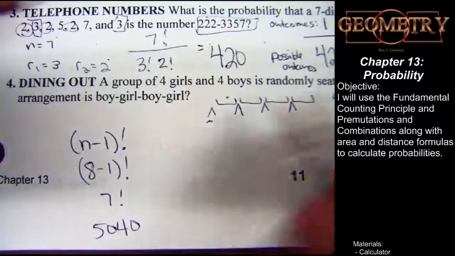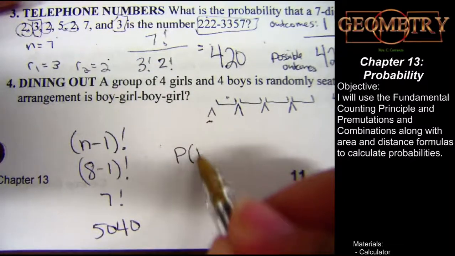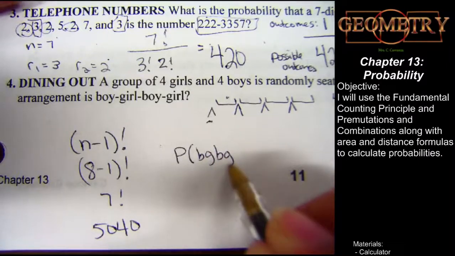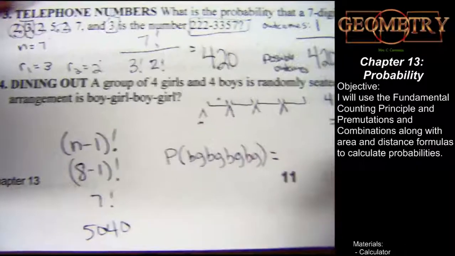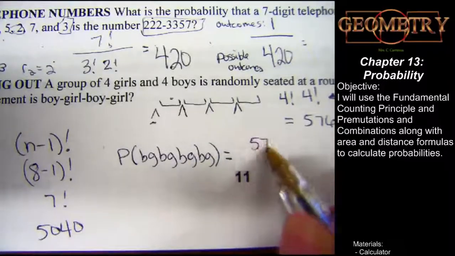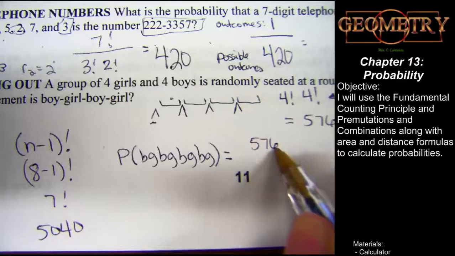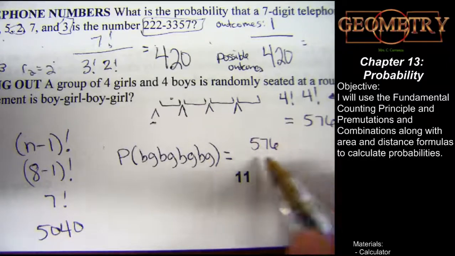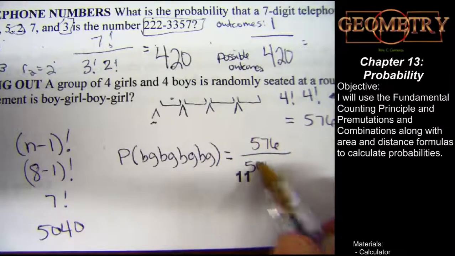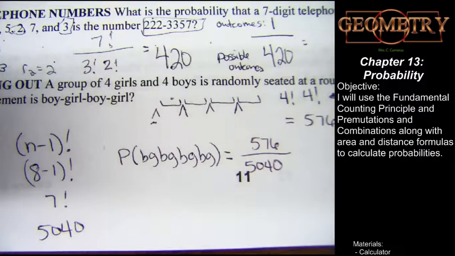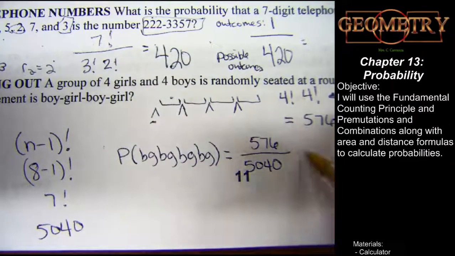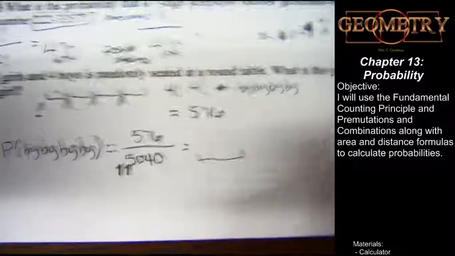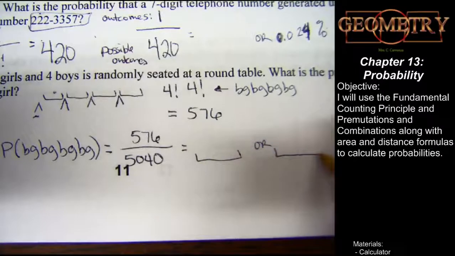So the probability that our seating arrangement is boy, girl, boy, girl, boy, girl, boy, girl is the number of ways for that seating arrangement, divided by the total number of ways we could arrange 4 boys and 4 girls. Find the decimal, find the percent.